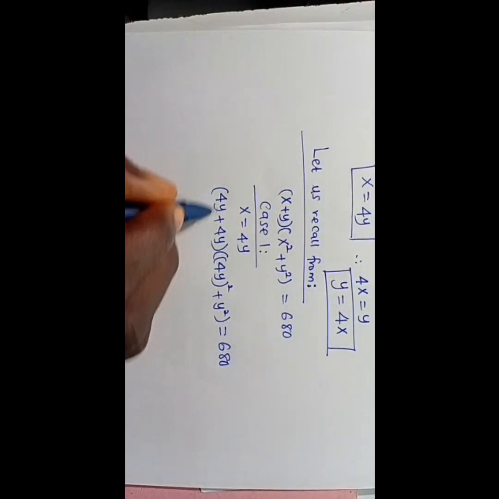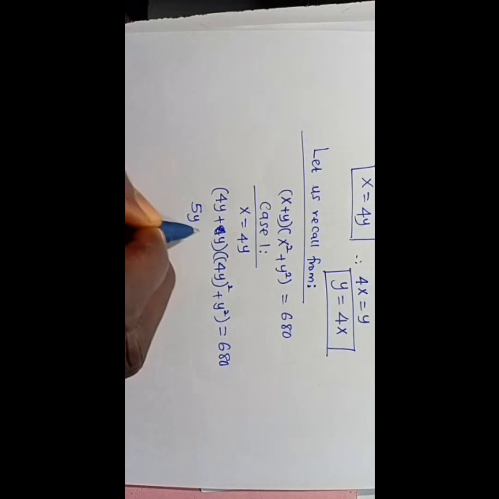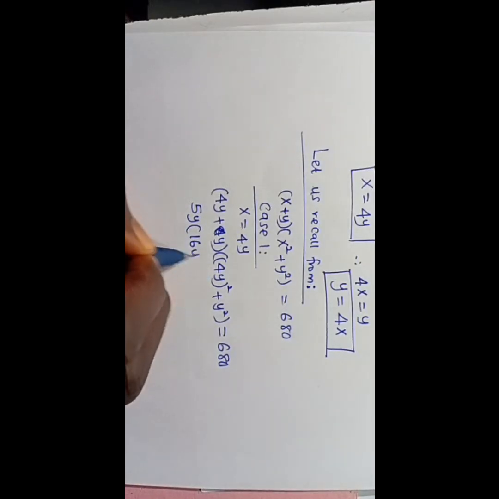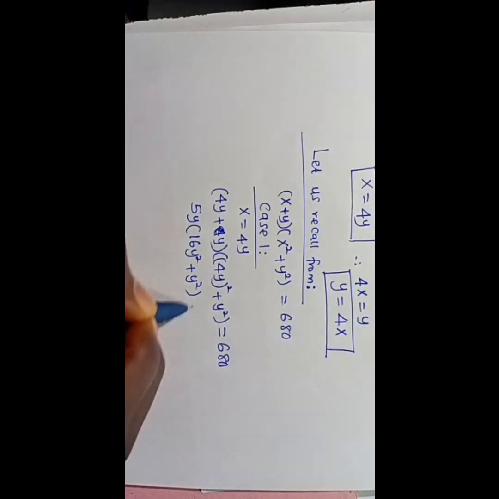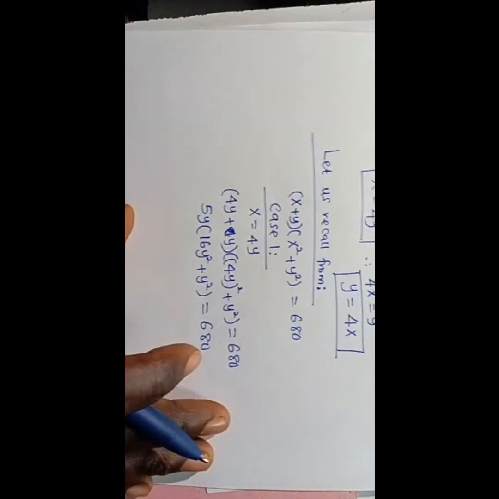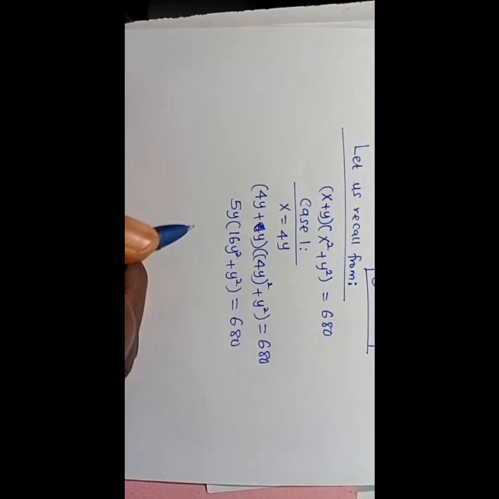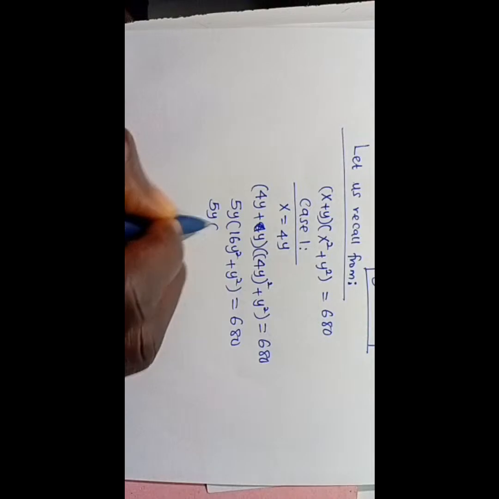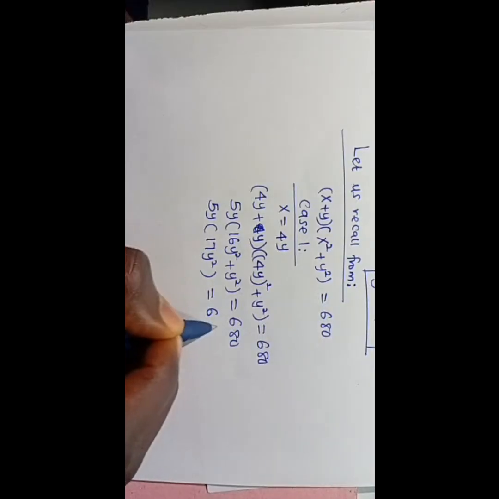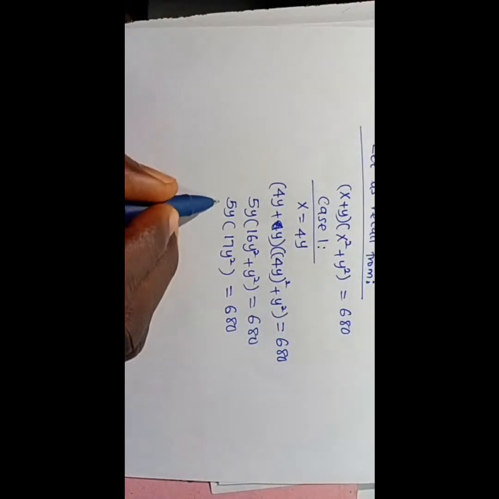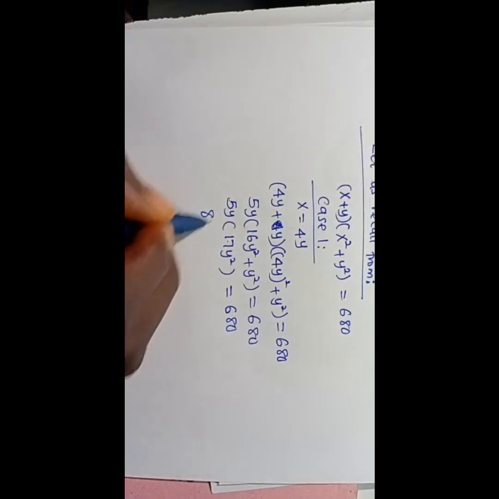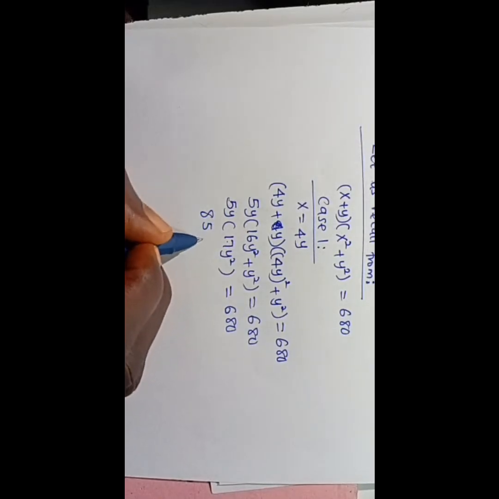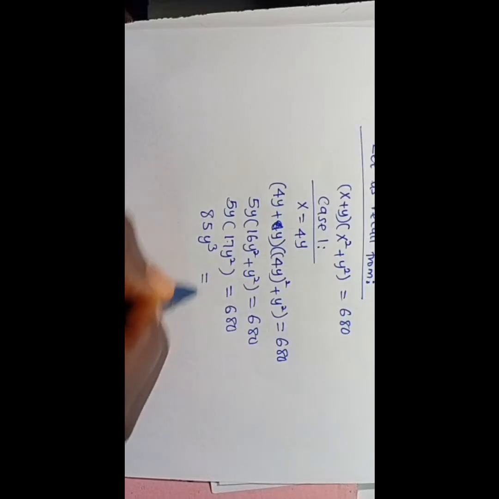So 5y times 17y² equals 680. So from here we have 5 times 17 will be 85. y to the power of 3 equals 680.